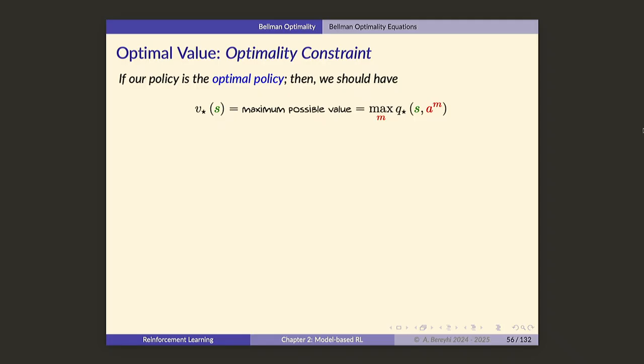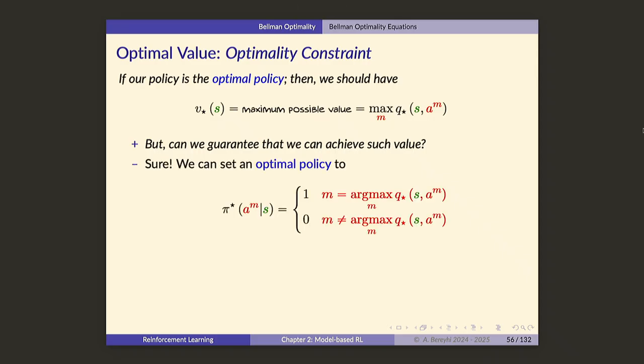Okay. Now, one thing that you might ask me is that, is there any guarantee? I mean, right now I told you if I play with the optimal policy, this thing should happen, right? But you might ask me, is there any guarantee that this optimal policy exists? The answer is quite simple, yes.